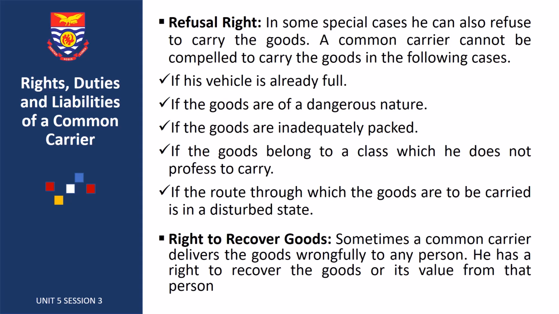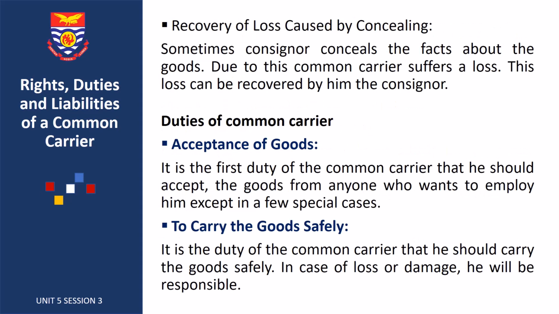Again, then we come to right to recover goods. Sometimes a common carrier delivers the goods wrongfully to a person, and he has the right to recover these goods back. Again, recovery of loss caused by concealing. Sometimes the consignor conceals the facts about the goods.